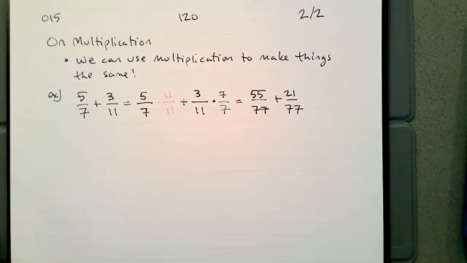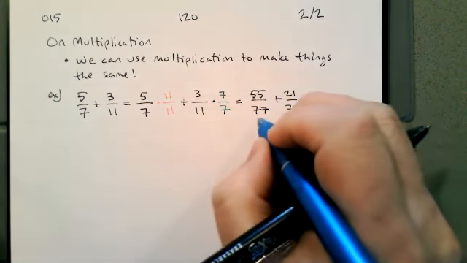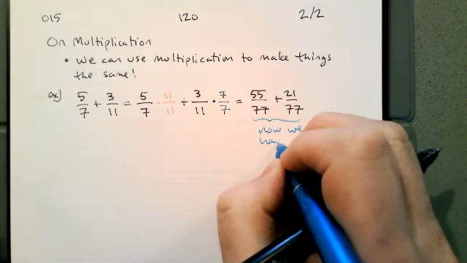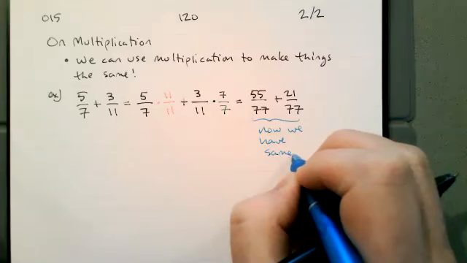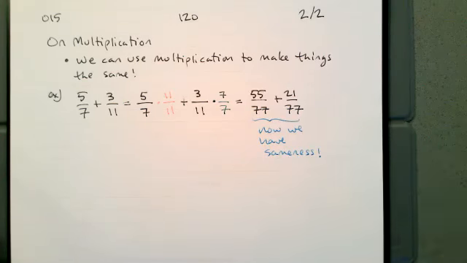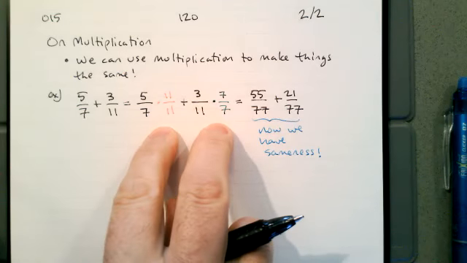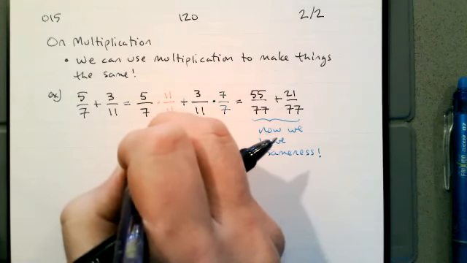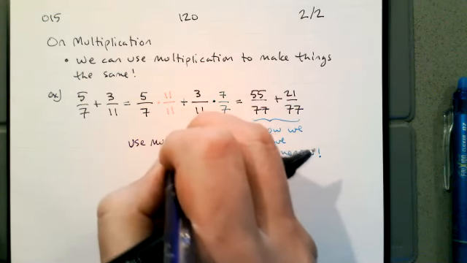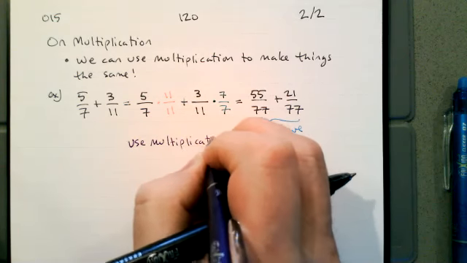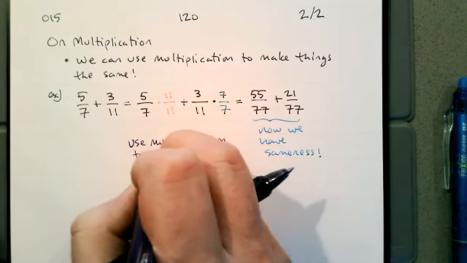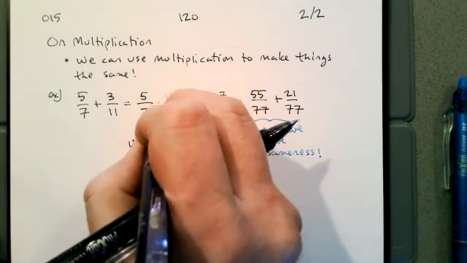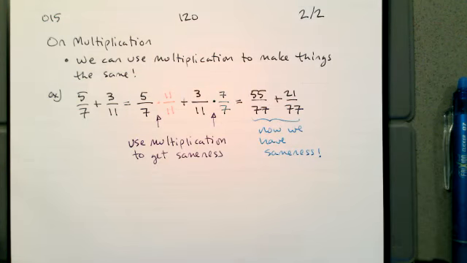Now they are the same. We use multiplication to get sameness.